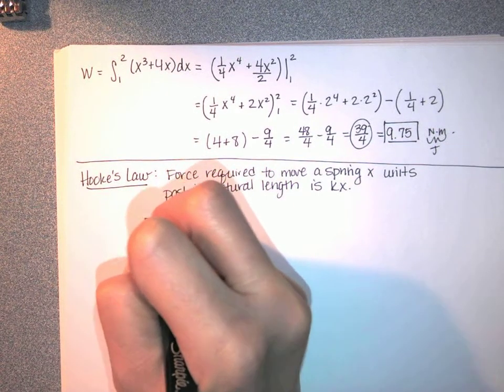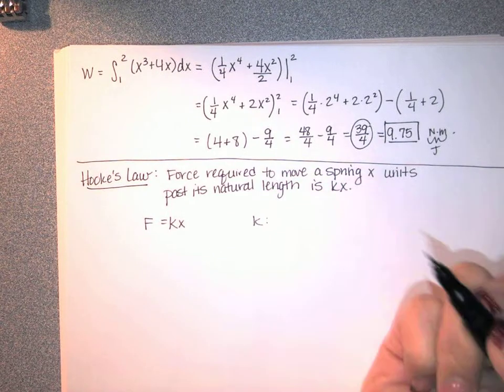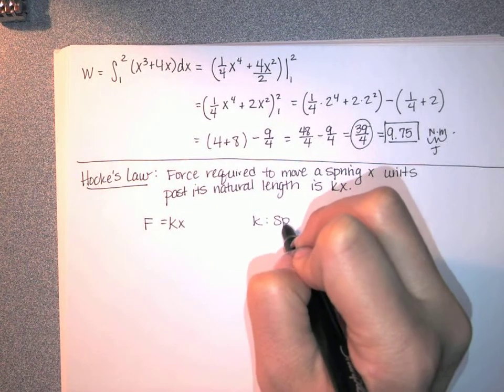So the force is equal to kx, and k is a property of the spring. It's called the spring constant.